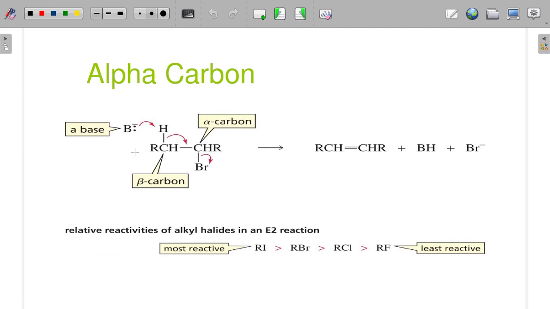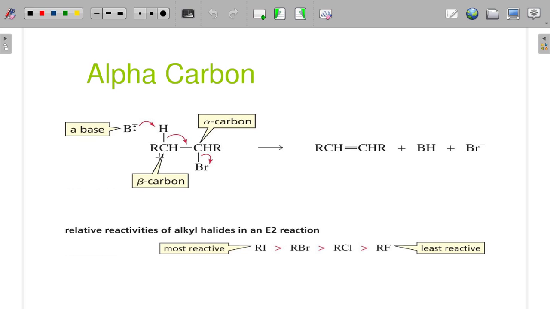All right. Now, it will always be what we consider the alpha carbon. What we mean by that is, if you treat the alkyl halide as the alpha carbon, the nucleophile, or that strong base, rips off a hydrogen off one of our beta positions.